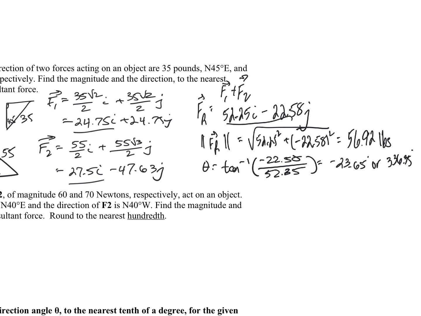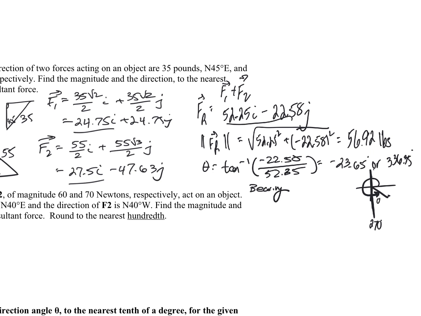The only thing I want to point out, though, is if you're a fan of submitting your answer in bearing form, which is what the question is giving to us, what you want to think about directionally is I kind of sketched out where 336 would be roughly. Remember, bearing is always from my y-axis. So basically it passed through the 270 degree threshold.